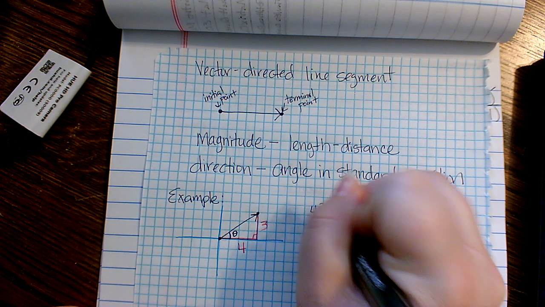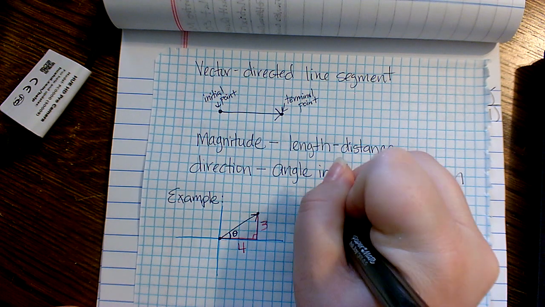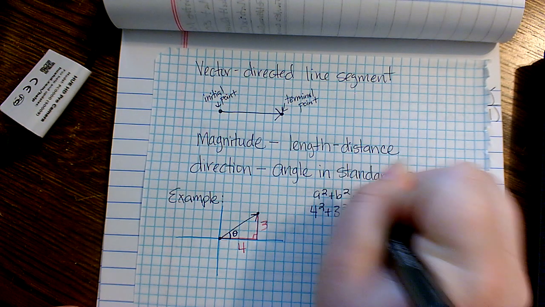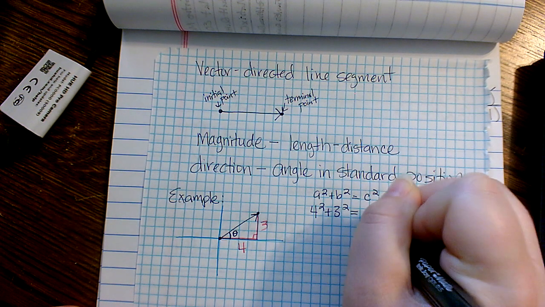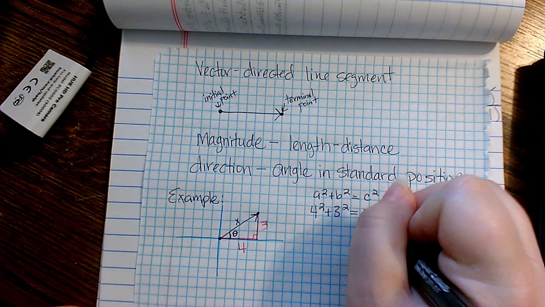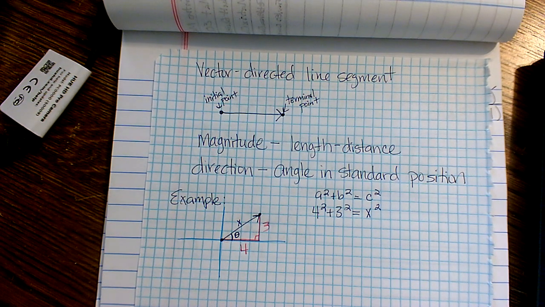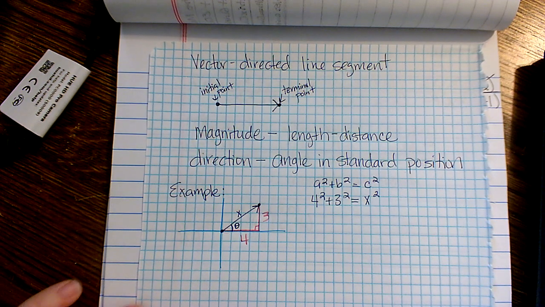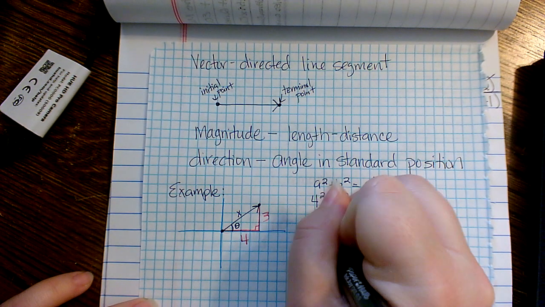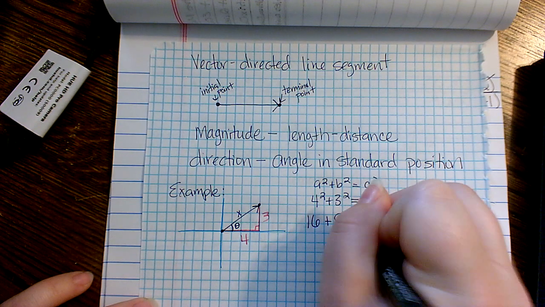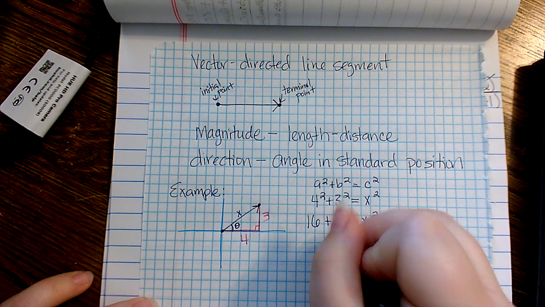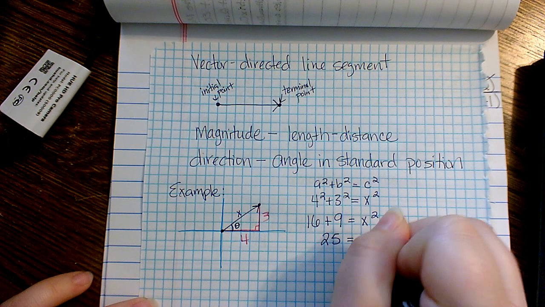So you would do 4 squared plus 3 squared. A squared plus b squared equals c squared, so that equals this x squared, the magnitude we're looking for. 4 squared is 16, 3 squared is 9, 16 plus 9 is 25.